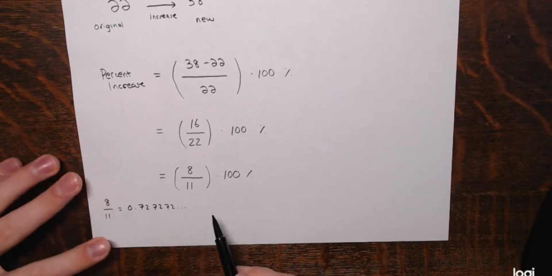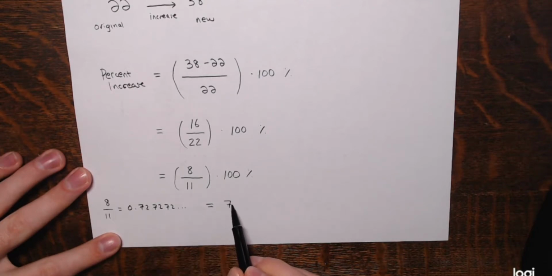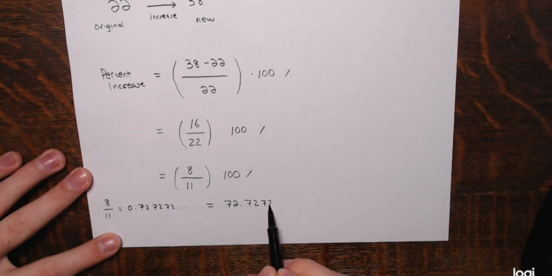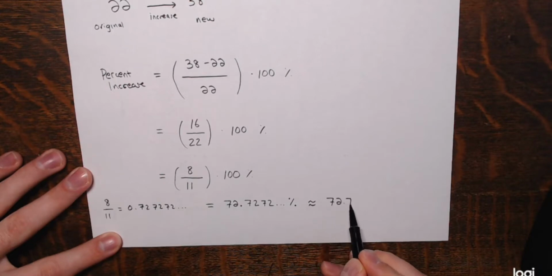Which, if I change this to a percentage, will be 72.72 repeating percent. I multiply by 100 and then throw a percent on to divide by 100. That way I get the same value. And we're asked to round to the nearest tenth of a percent, which would be 72.7. So that's a huge increase.